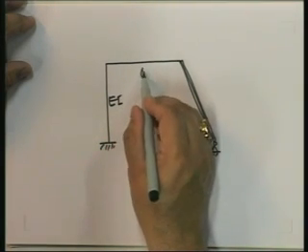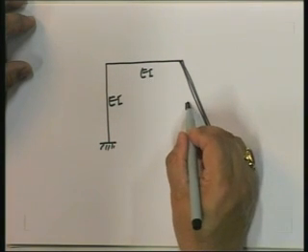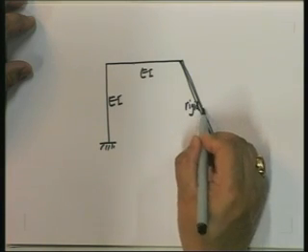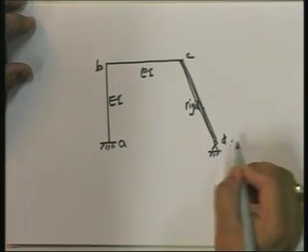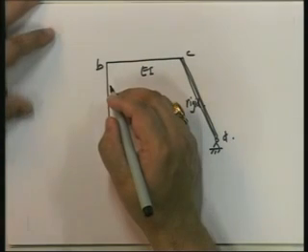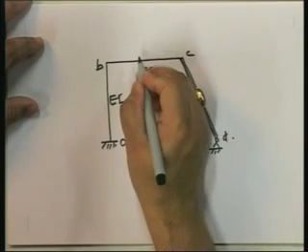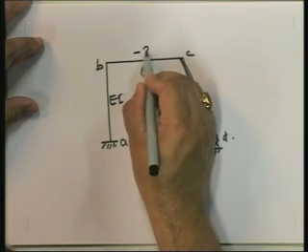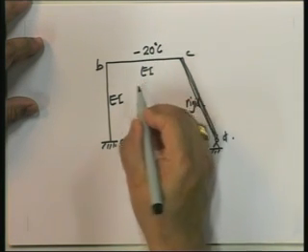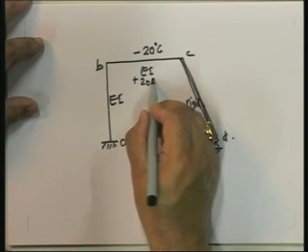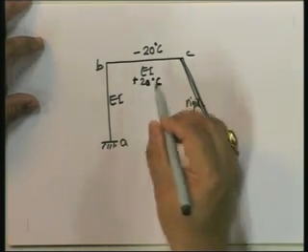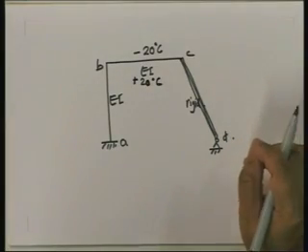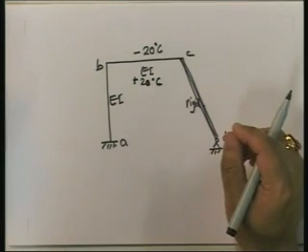EI rigid, A, B, C, D, and the only thing I have over here is that this is minus 20 degrees and this side is plus. The reason for this plus and minus is to ensure that delta T average is equal to 0.